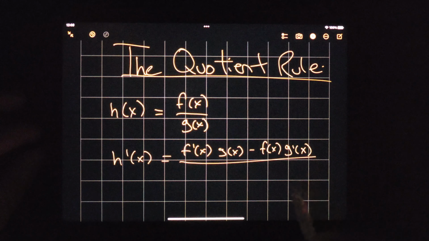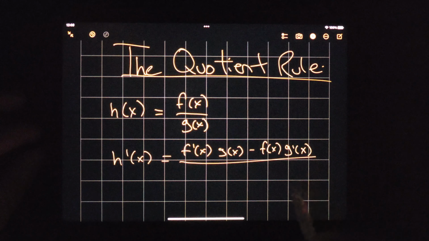So with that in mind, we can actually try to do this with an example. Say we have h of x is equal to 3x minus 4 over x squared plus 5.